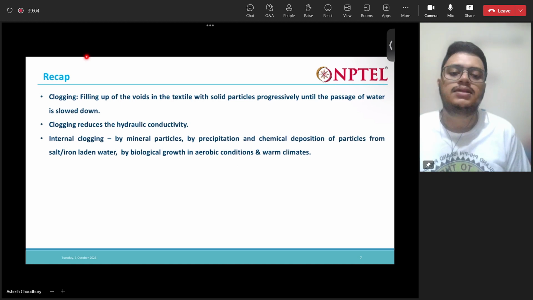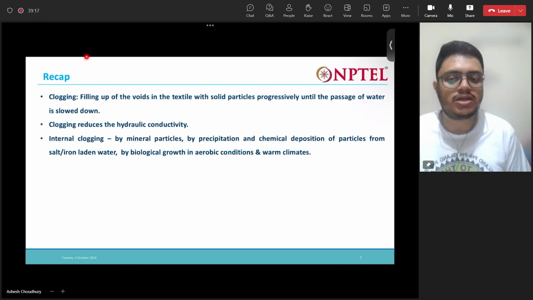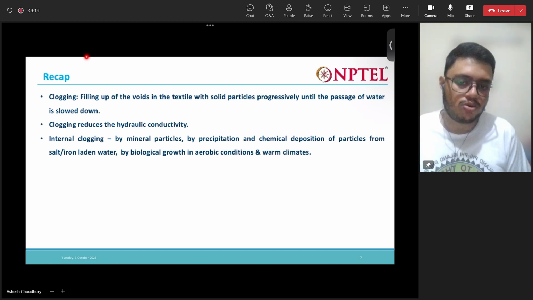And we can also have internal clogging. This was the external clogging, then we can have the internal clogging. The internal clogging happens due to mineral particles or precipitation, chemical deposition of particles from the soil into the water, biological growth, all these things.